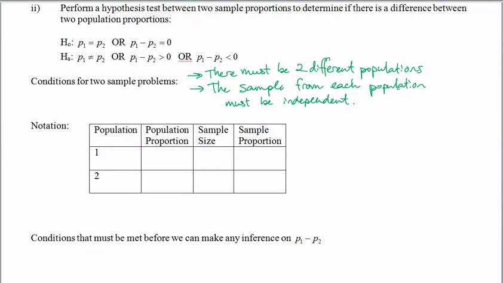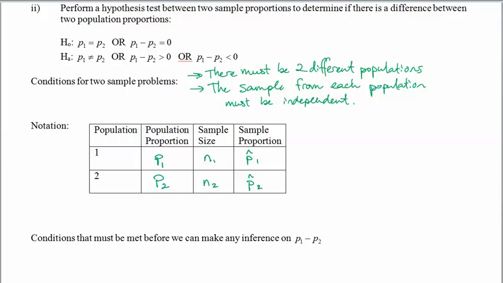So for our notation, a reminder, population proportion is using a capital P. If we're talking about population 1, we would have P subscript 1, and for the second population, P subscript 2. The sample size is N1 for the first one and N2 for the second. The sample proportion is P hat 1 for the first and P hat 2 for the second. Remember to write your subscripts small and lower down than your letter.